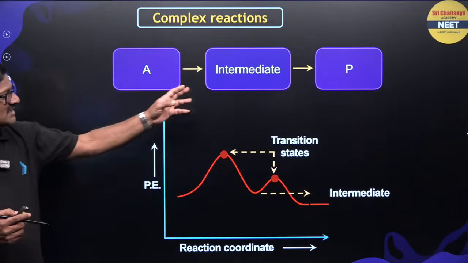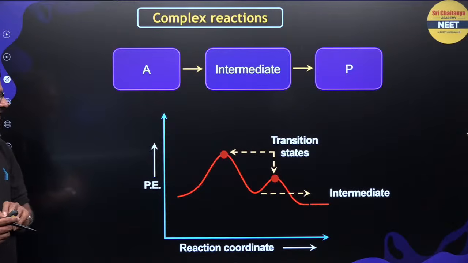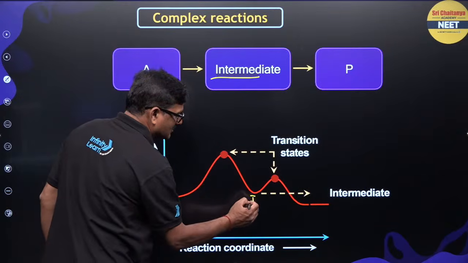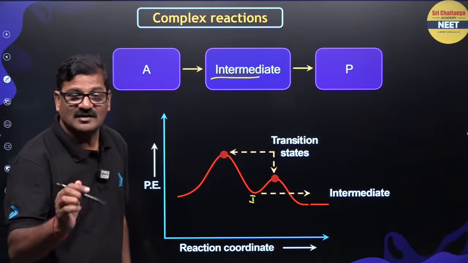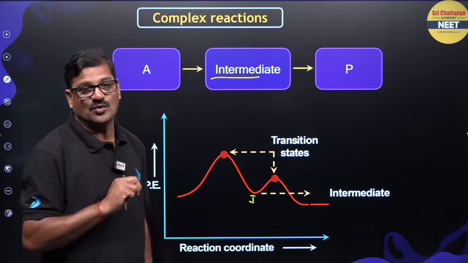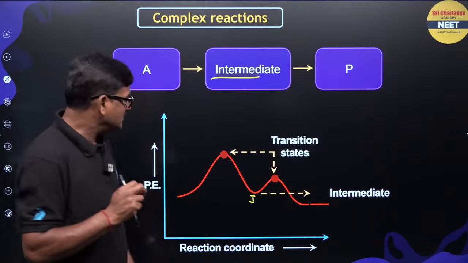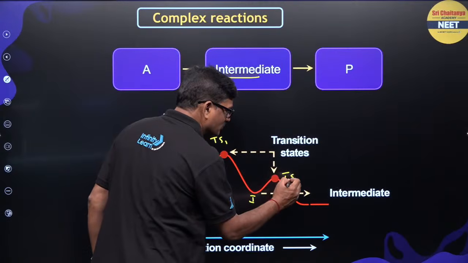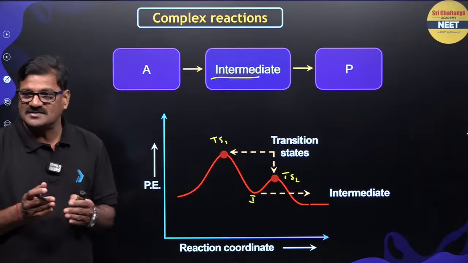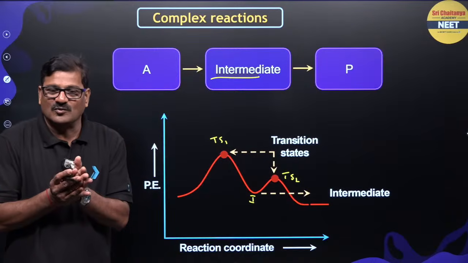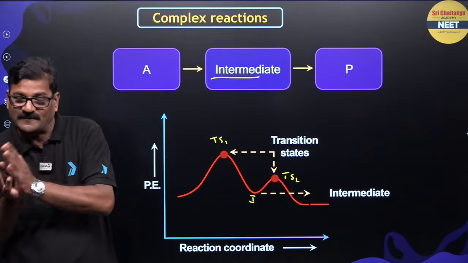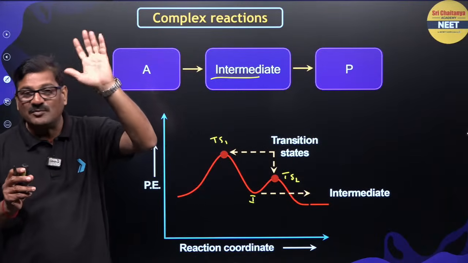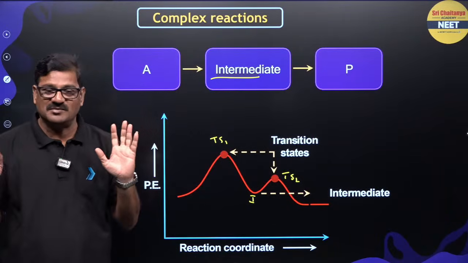So A gives rise to an intermediate, which gives rise to the product. And this is an intermediate, beta, for every intermediate there will be 2 transition states. This is transition state 1 and this is transition state 2. At transition state 1, the old bonds are not completely broken, so highest energy, because that bonding complex is going to be destabilized.